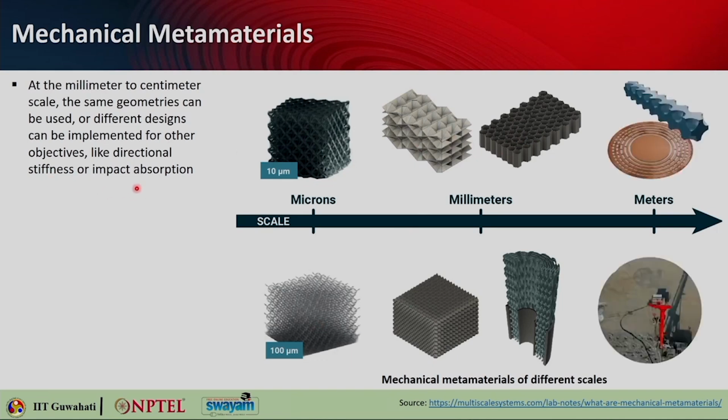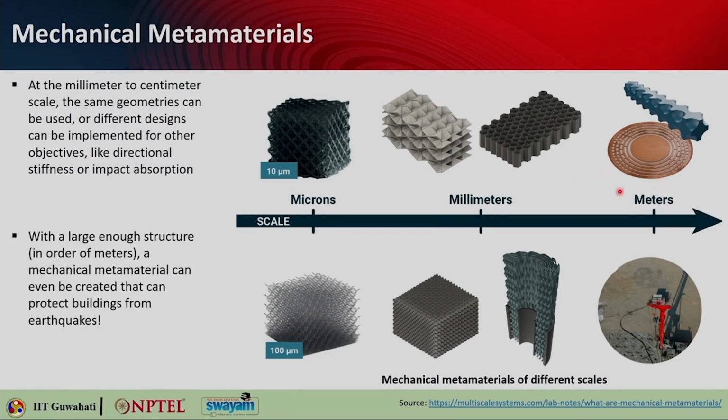You can think of even larger scales like meter scale or even beyond, which can be used for protecting a structure from earthquakes. This kind of metamaterial can help you block a structure from seismic waves. Even oil rigs in the ocean can have a metamaterial structure that can shield them from tsunami waves.